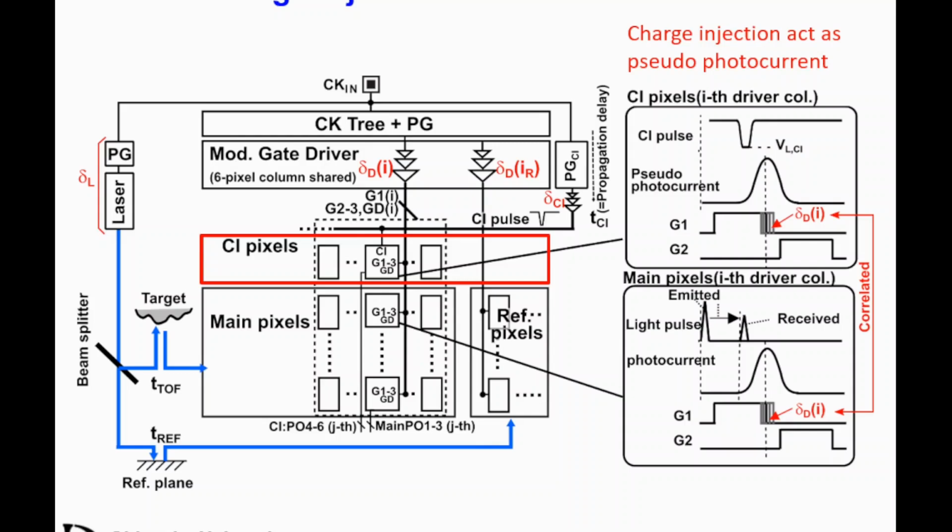We made a charge injection pixel in column parallel, and a charge injection pulse is input to this charge injection pixel. By using this charge injection pulse, a shared photocurrent is generated, and we don't need the additional laser.